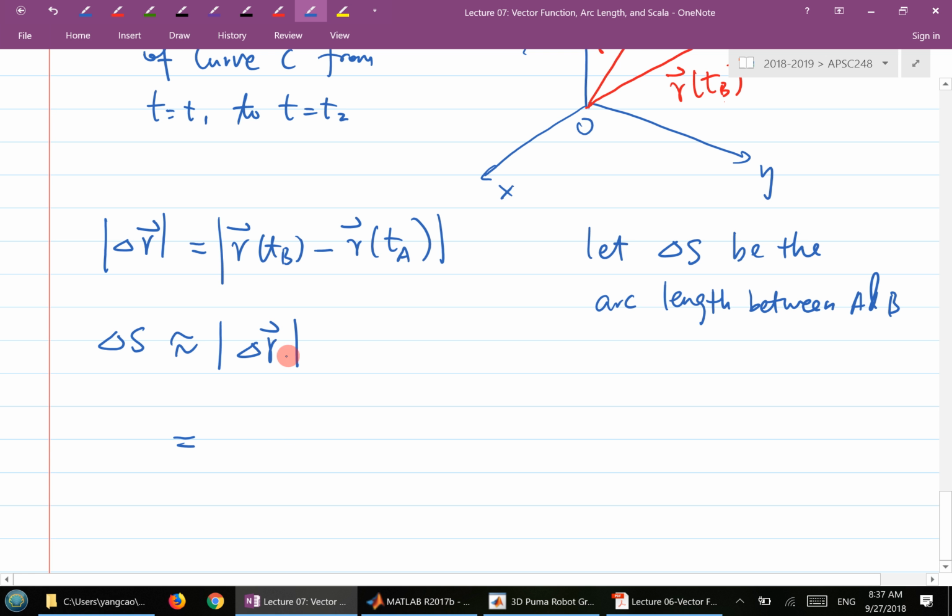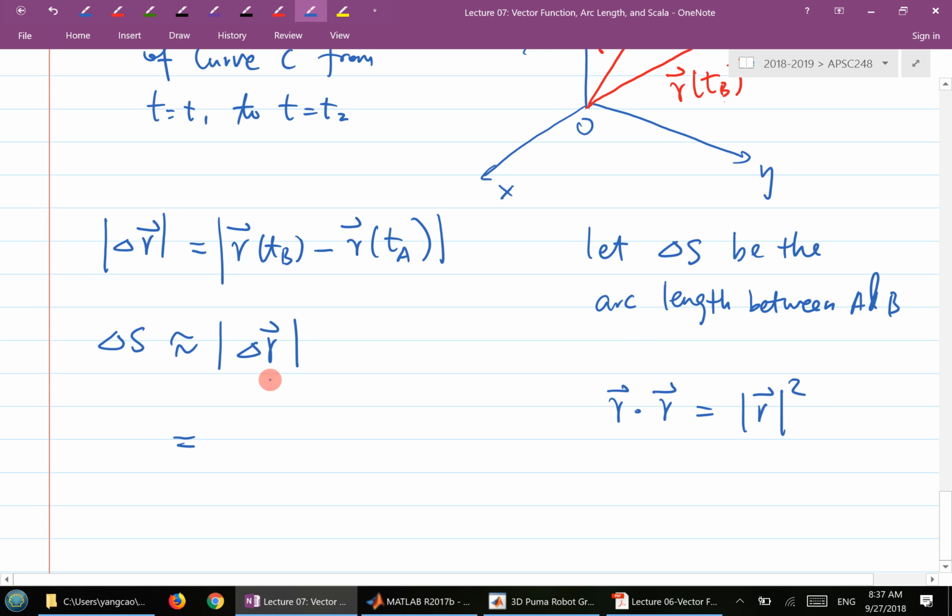Now I'm going to make use of knowledge that we reviewed, if you recall. What is the result of a vector dotted with itself? Exactly, right? That's the thing we learned in the previous lecture.